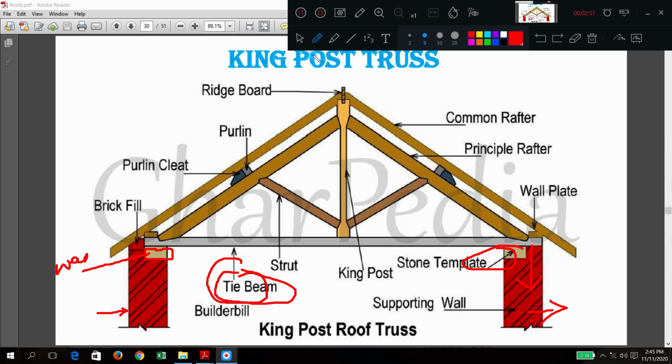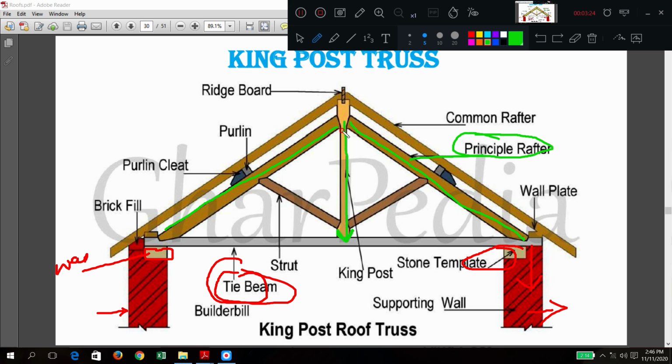Now, as usual, the bottom element of the truss is the tie beam. What are these inclined members? Inclined members we generally call principal rafters. To hold the principal rafter and tie beam together, we have one post at the center.